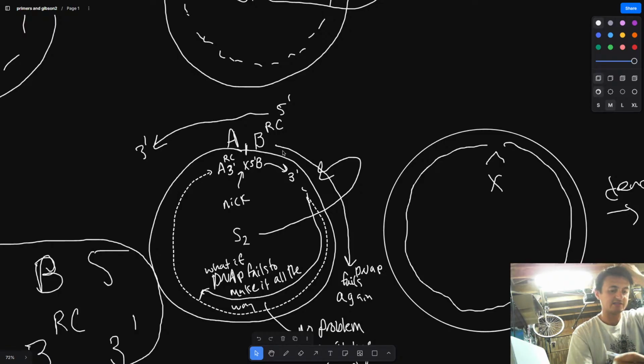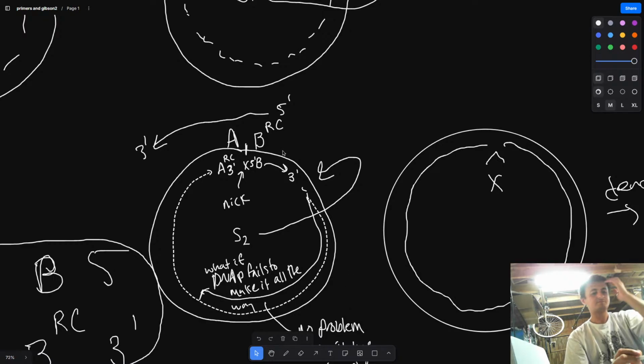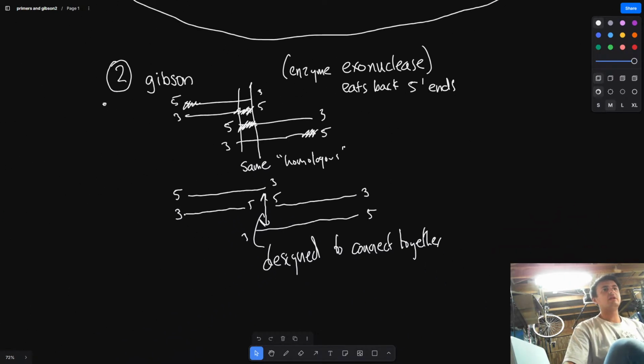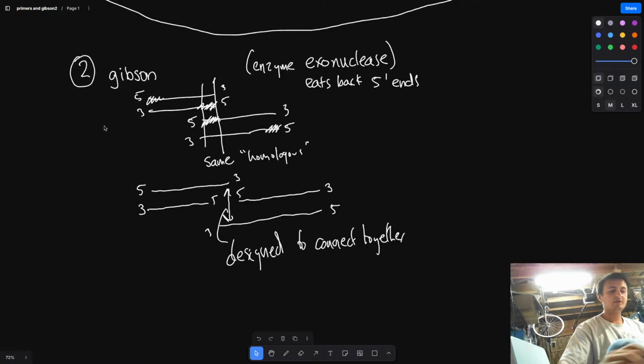Yeah, that's the same. So we're good. All right, so we reliably have amplified the linear sequence, and now what we're talking about is how to join it.